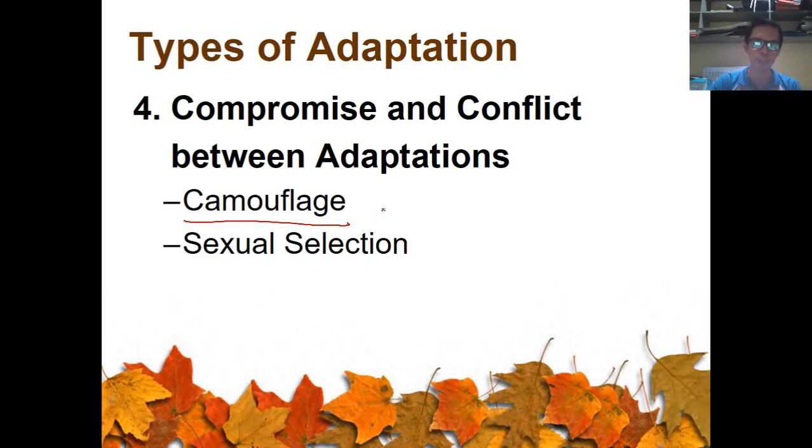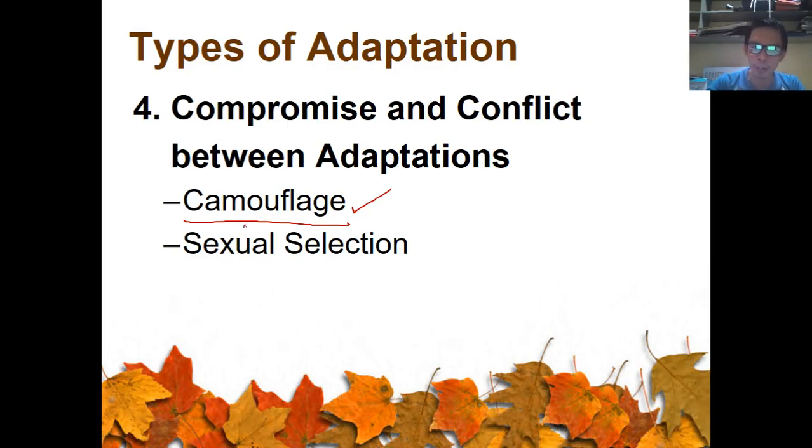Now, in this compromise and conflict between adaptations, what we have right here is, to avoid being eaten, you should blend into the environment. And in order for your offspring to be genetically dominant, you will select a worthy mate in order to gain the particular characteristics that you need for the offspring to inherit from that parent.